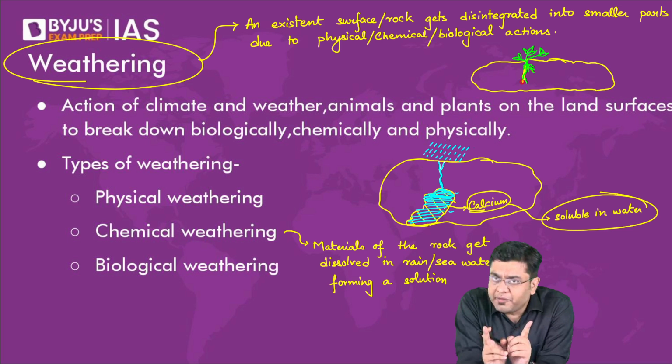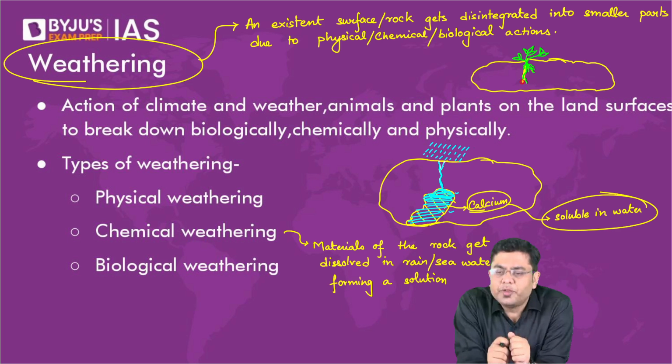You would have observed that those walls develop a crack over a period of time, unless the plant is immediately uprooted and taken care of. Those walls develop a crack, and that crack continues to deepen. It deepens quite significantly, isn't it? So that is the biological weathering.